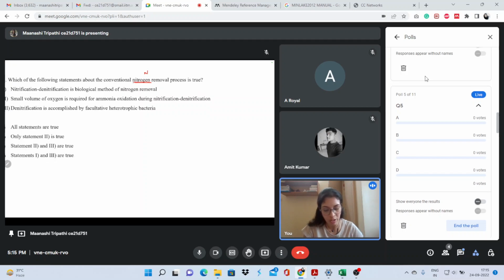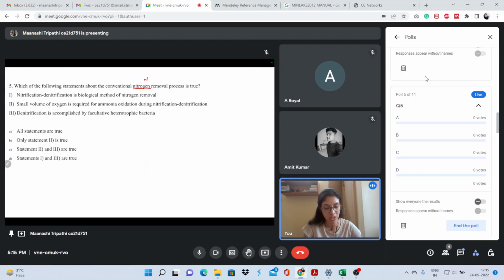A small volume of oxygen is required for ammonia oxidation during nitrification, denitrification. Denitrification is accomplished by facultative heterotrophic bacteria. All the statements are true. Second, third, or first or third. Try to answer this question. It's a very important question.